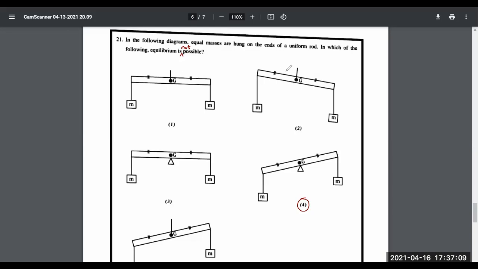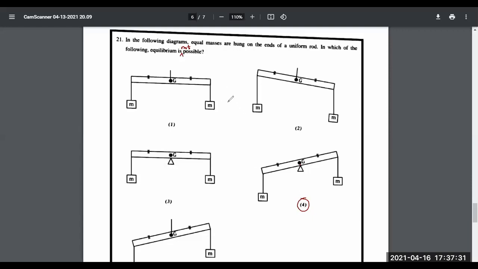And when the string is available, the string can hold it without toppling. Here, it's slightly slanted. Just a point is in contact. That's not good enough. Sometimes if it doesn't have enough friction, it will just slide and fall off. So the fourth is the most vulnerable to losing its equilibrium.